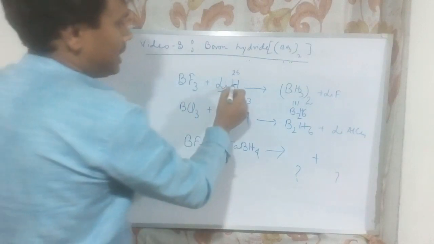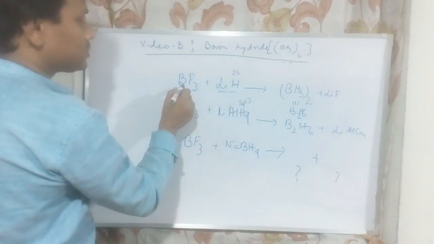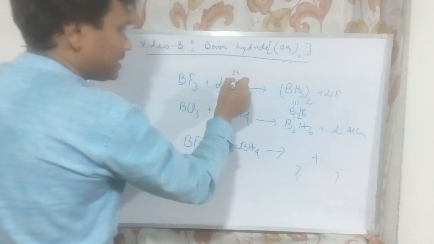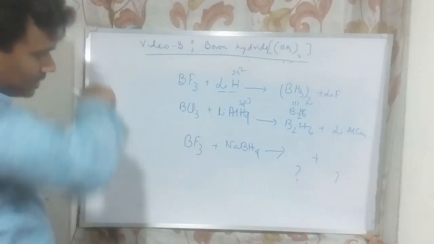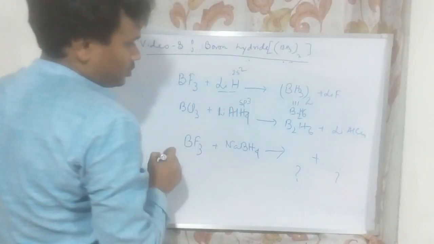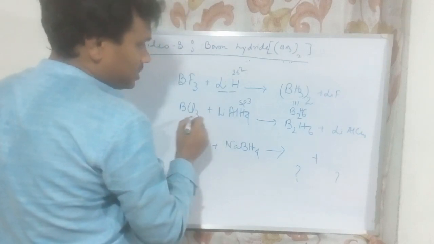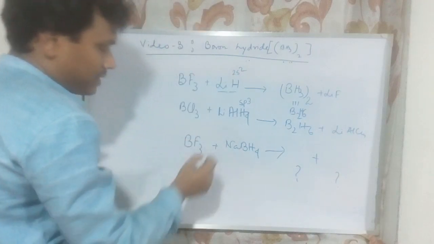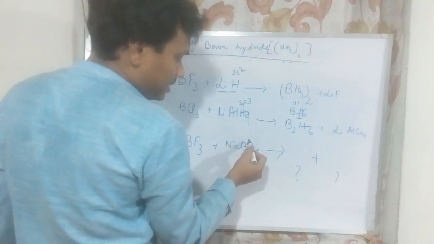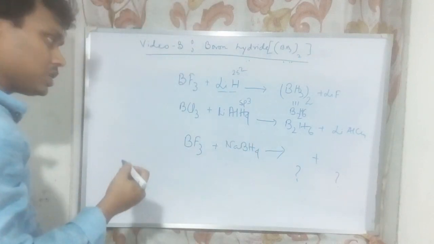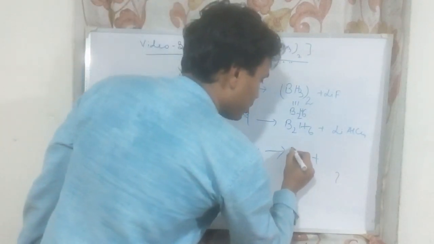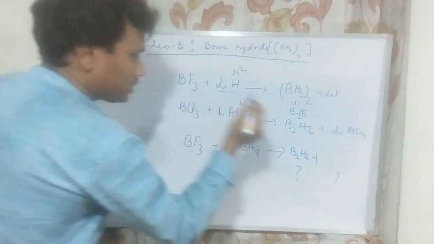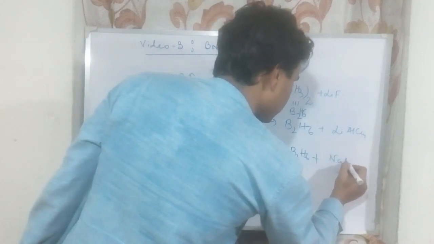For example, a hydride reagent reacts with BF3 to produce B2H6, and it is in unhybridized form, that is the electron pair in the s orbital, and here one sp3 hybridized orbital reacting with this BCl3 results in the formation of B2H6, and this is more nucleophilic compared to this hydride, and here in sodium borohydride, that hydride is also sp3 hybridized, so it will also result in the formation of B2H6. So what is remaining? This sodium and fluorine. So the product will be sodium fluoride.